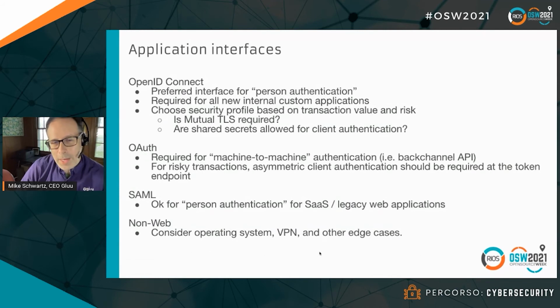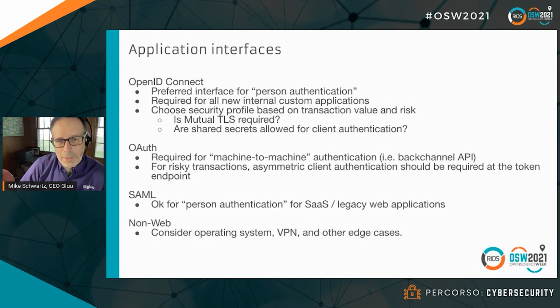And then with authentication interfaces, you might have to think about some of these non-web use cases, although most mobile applications are also web these days. Older things like how do I get Wi-Fi access? How do I get VPN access? There are actually some good hooks from OpenID Connect to these backend systems.